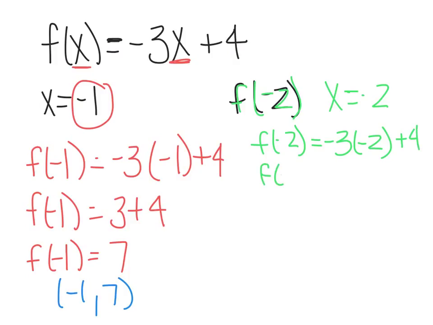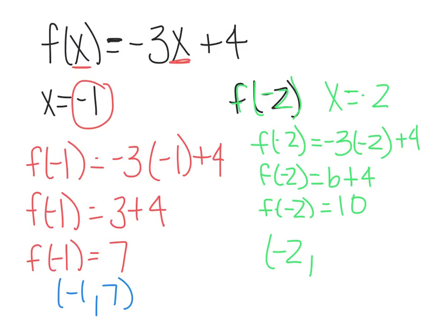Negative 3 times negative 2 is positive 6, plus 4, and 6 plus 4 is 10. So that tells us there's another ordered pair on this line, negative 2, 10.